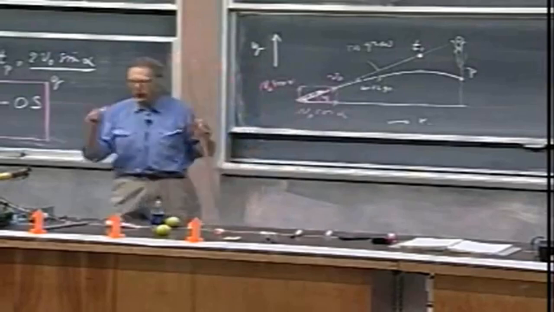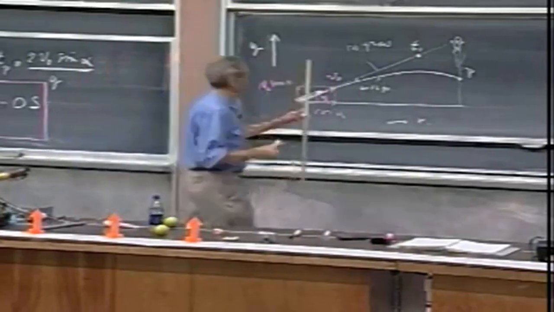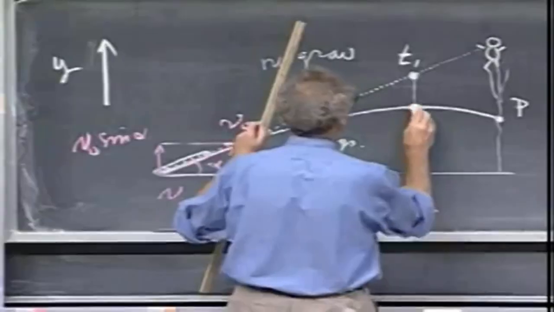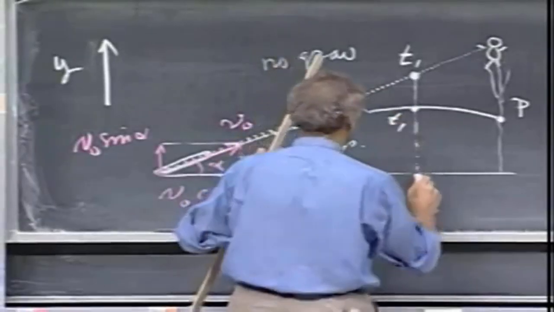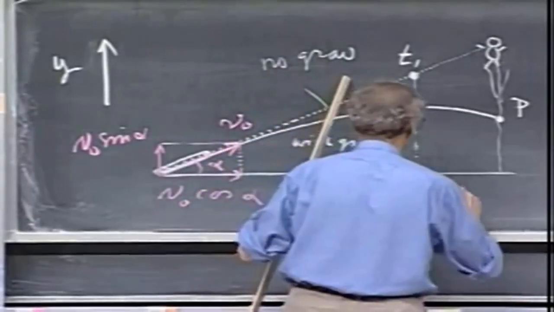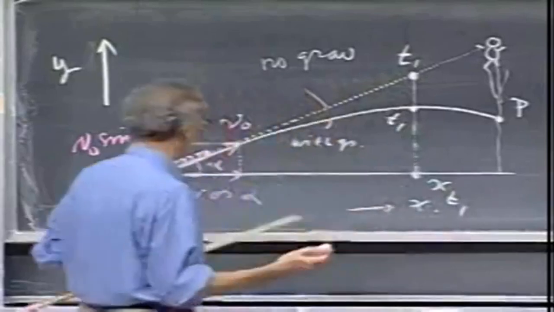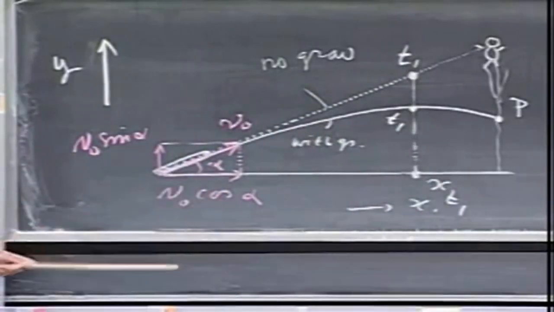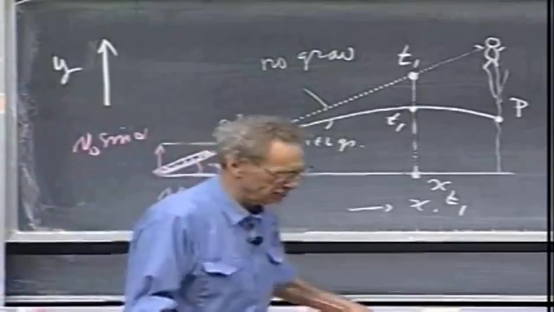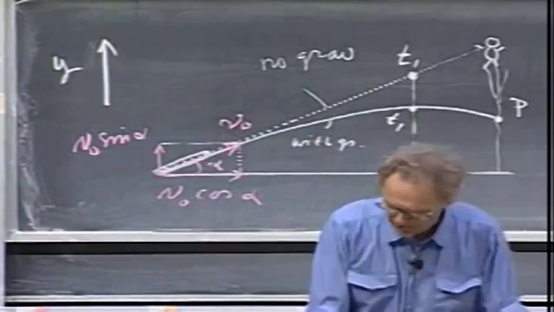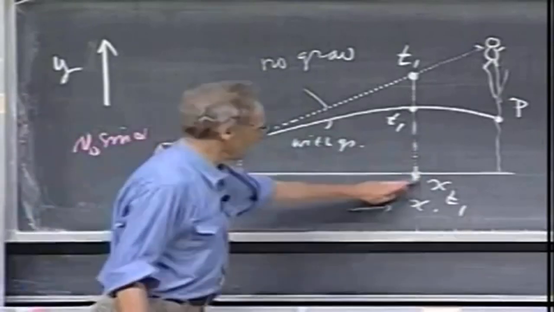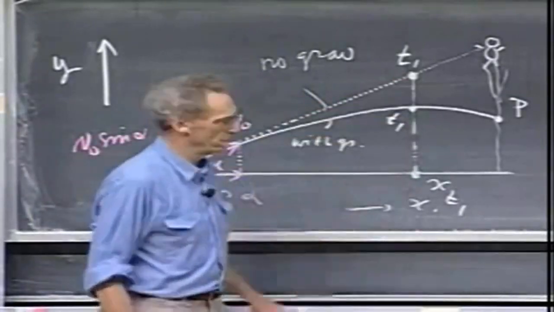Then I know exactly where it is with gravity. It must be exactly here, because the x position, x(t1), is the same because the horizontal velocity is the same. That's independent of whether there is gravity or not. There is no acceleration in the x direction. And so, they are both exactly at the same x position.